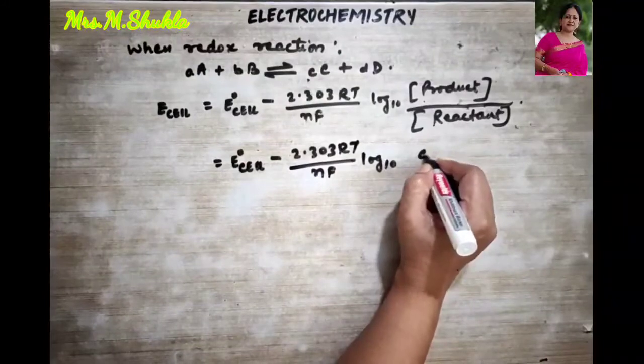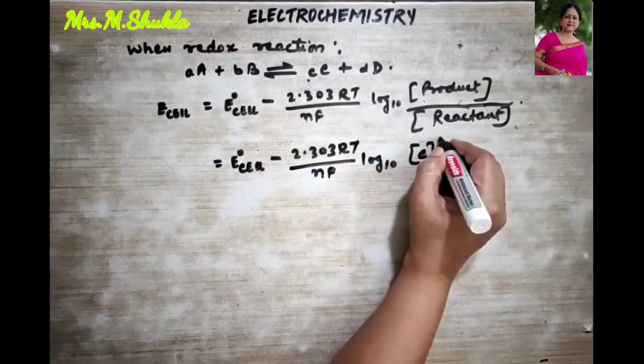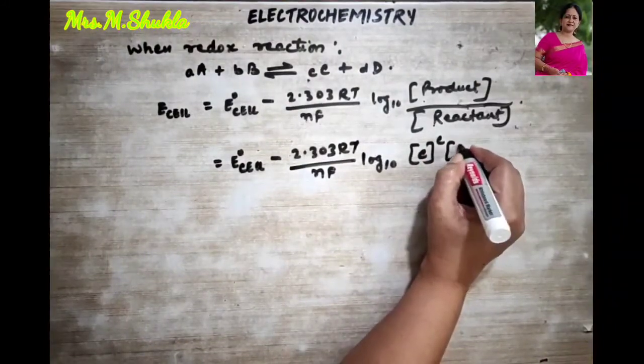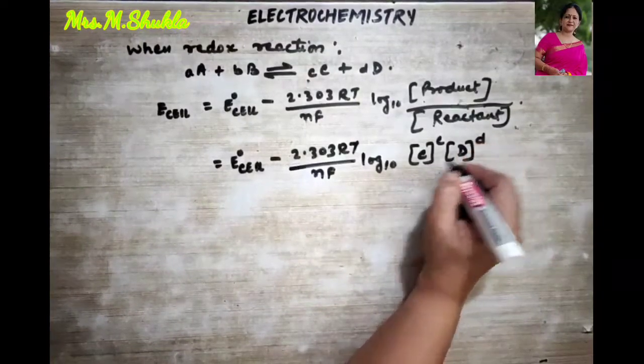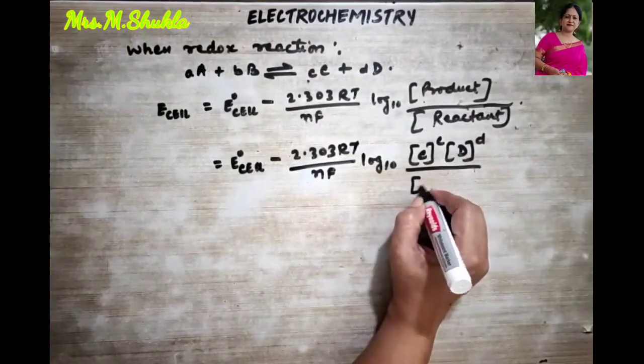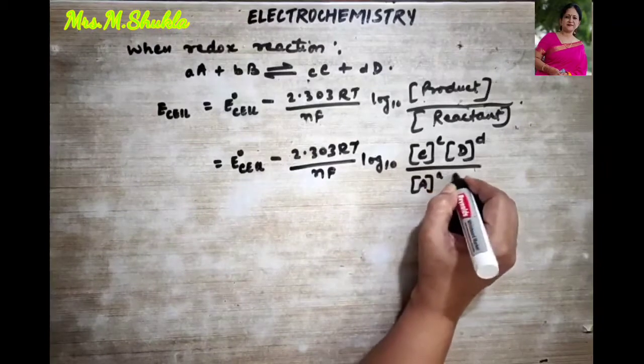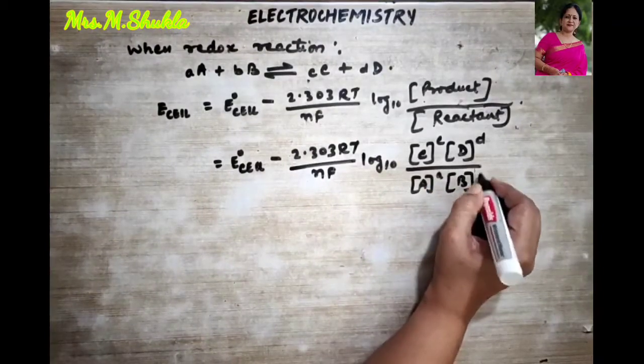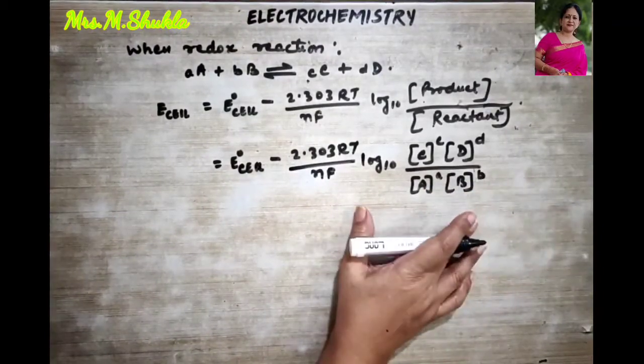Product is C to the power of C, D to the power of D upon A to the power of A, B to the power of B, right?